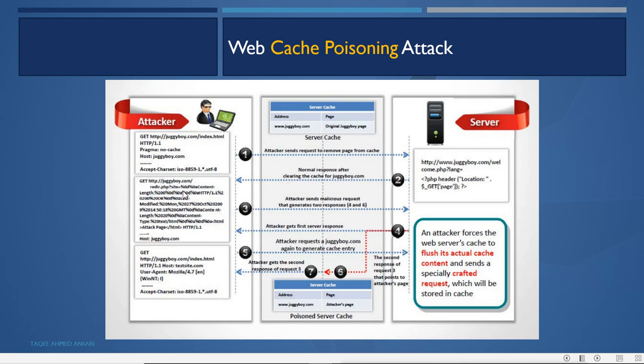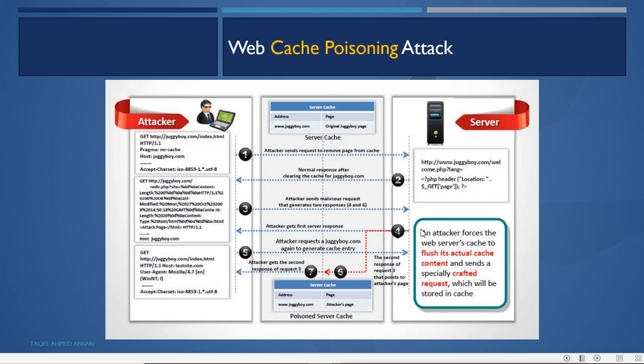Then the attacker sends a malicious request that generates two responses, that is 4 and 6. Now 4 goes like this: the attacker gets the first server response, and then the attacker requests juggyboy.com again to generate the cache entry, and the attacker gets the second response to the second request like this.